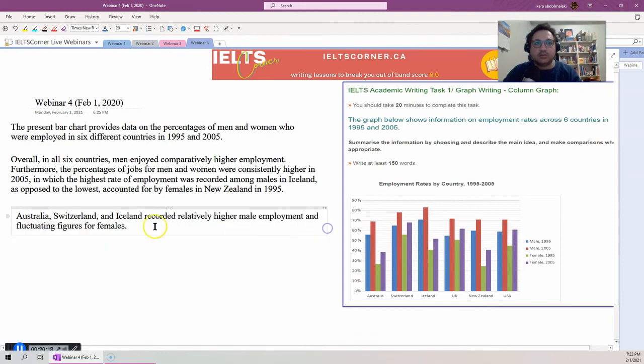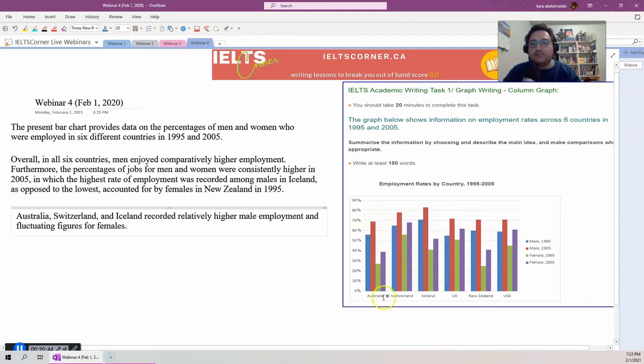Now we get into the data, the nitty-gritty of it. So let's look at the numbers here. As you can see, in Australia we have about 55% for men, and it goes up to about 69, but we'll probably call it just below 70.